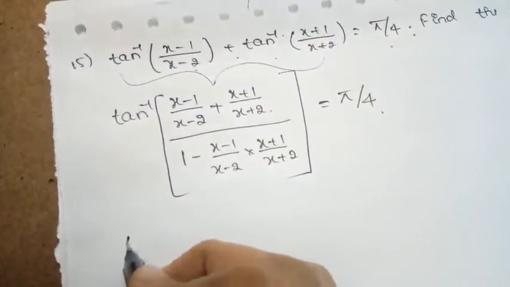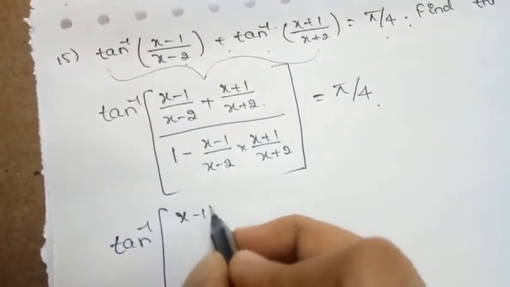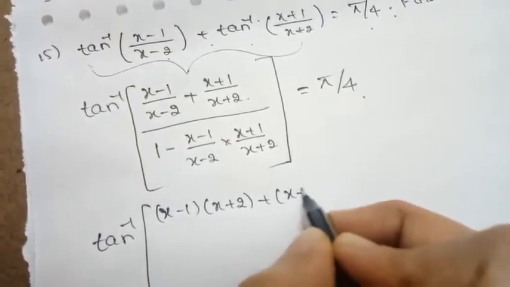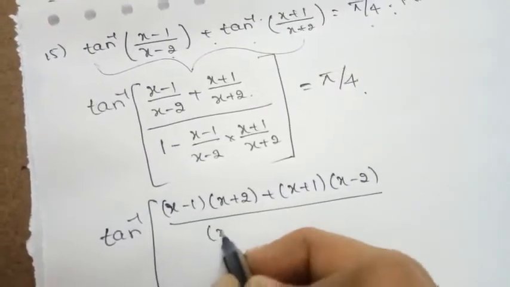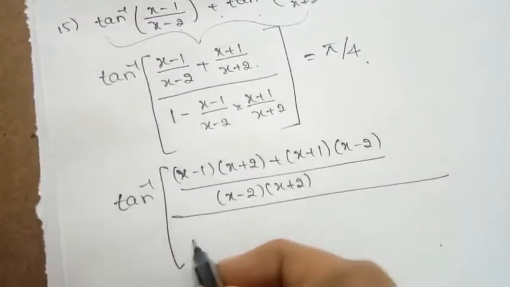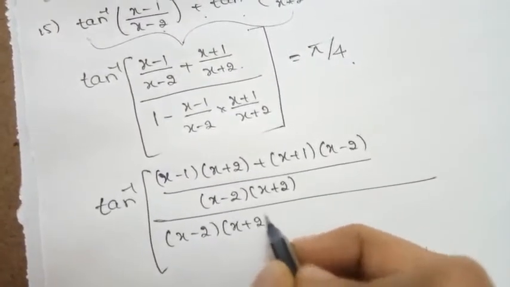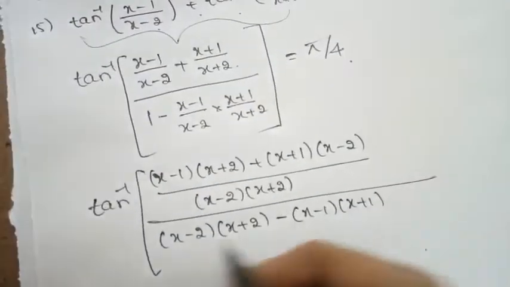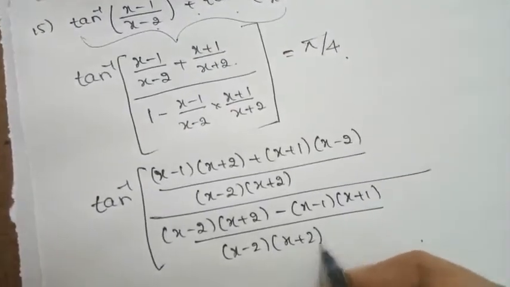So tan inverse of, if I am going to solve this one, if I take LCM, (x minus 1) into (x plus 2) plus (x plus 1) into (x minus 2) divided by (x minus 2) into (x plus 2). In the denominator I am again taking LCM, (x minus 2) into (x plus 2) minus (x minus 1) into (x plus 1) divided by (x minus 2) into (x plus 2).